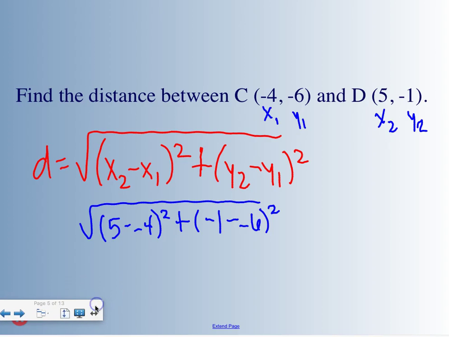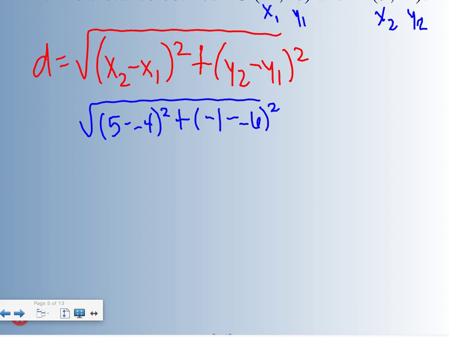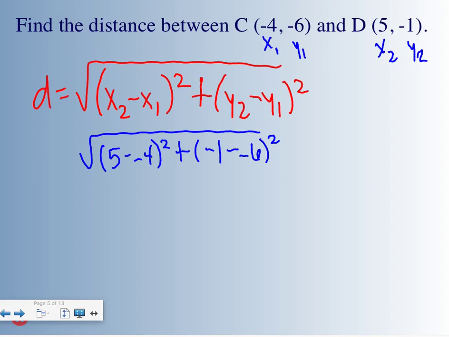Now we're going to simplify a little bit. What's 5 minus -4? It really turns to plus, so 9 squared. -1 minus -6 is 5. So that would be plus, right? Yep.